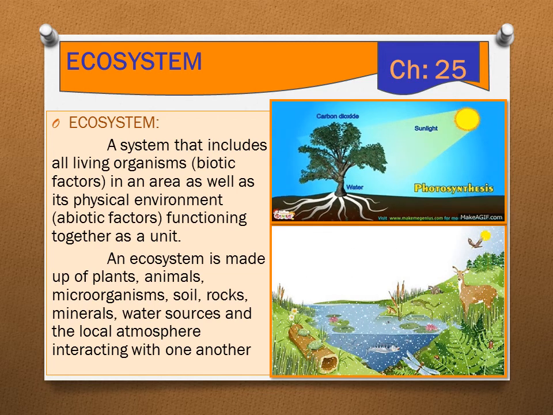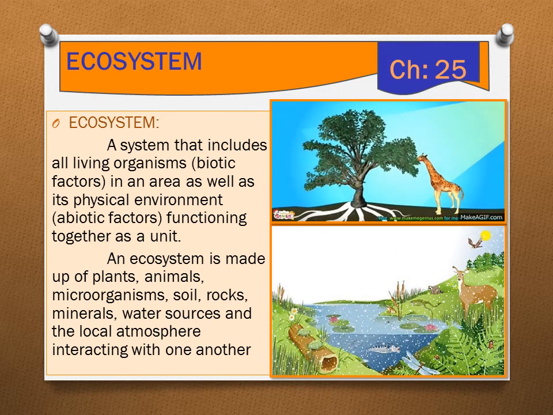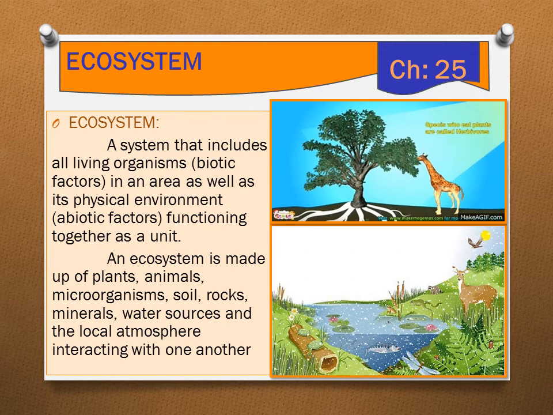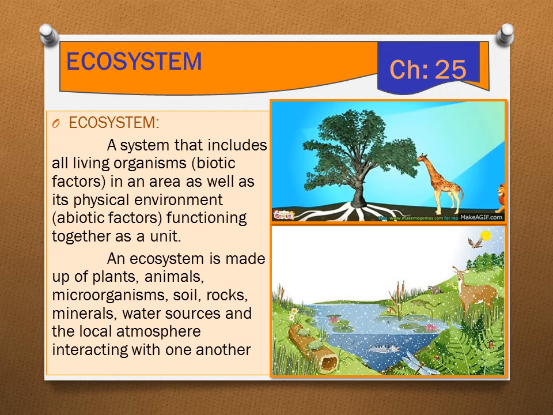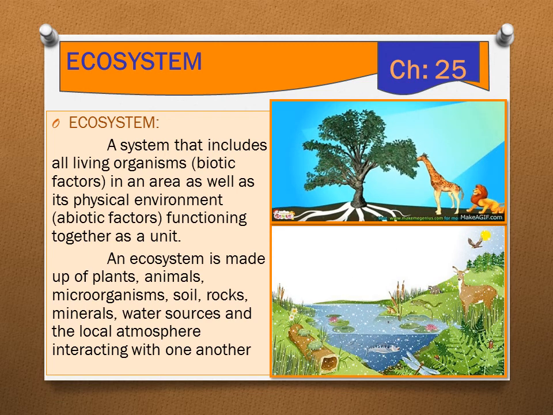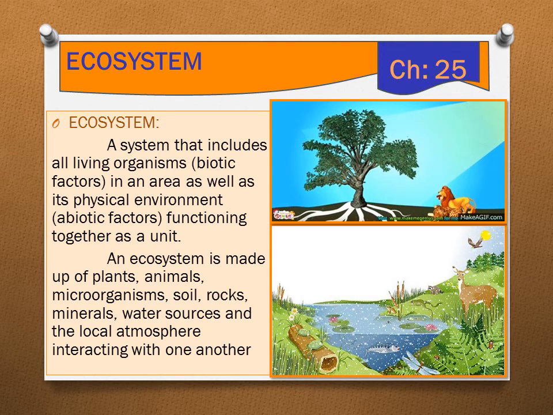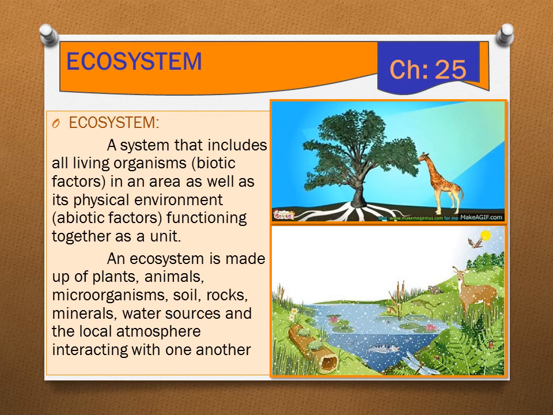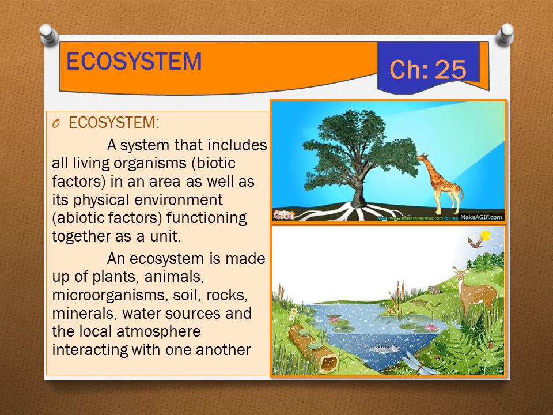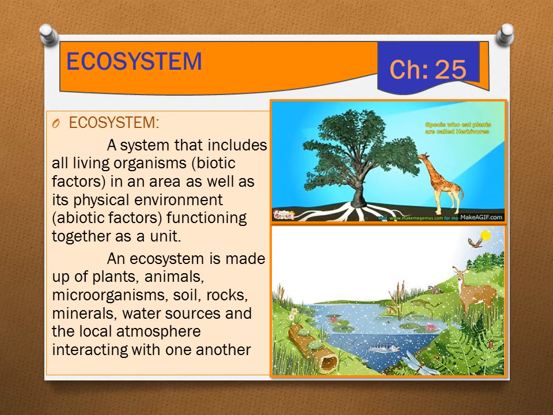An ecosystem is made up of plants, animals, microorganisms, rocks, water sources, and the local atmosphere interacting with one another. Here are the diagrams which show the food chain and the interaction of living and non-living things.